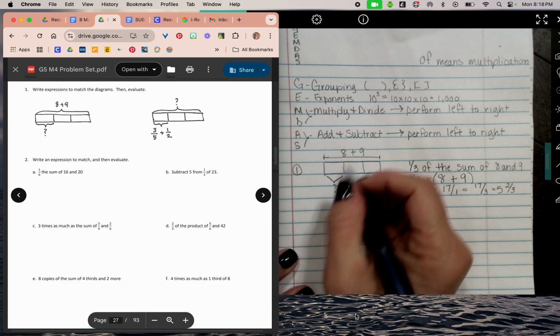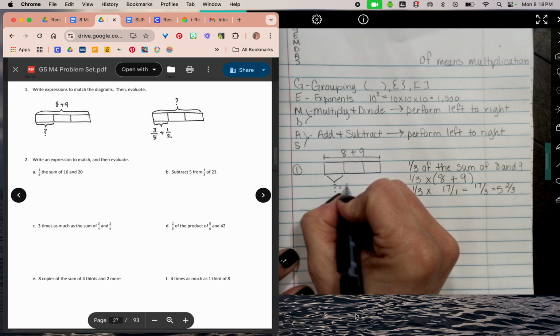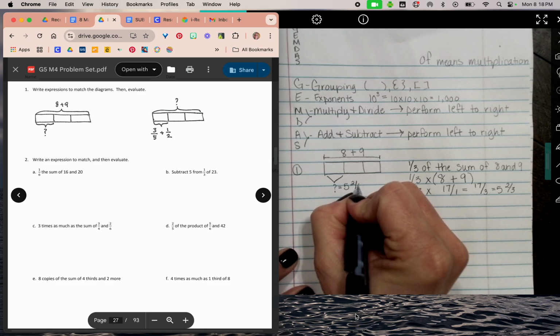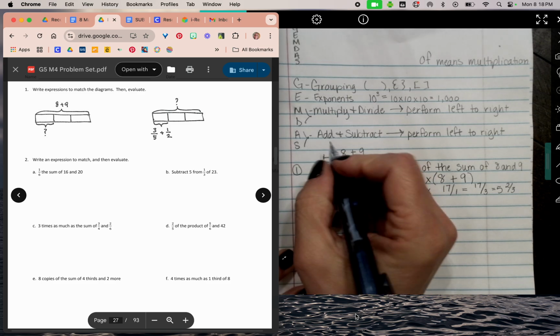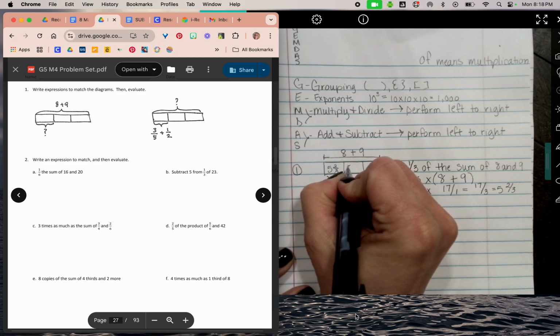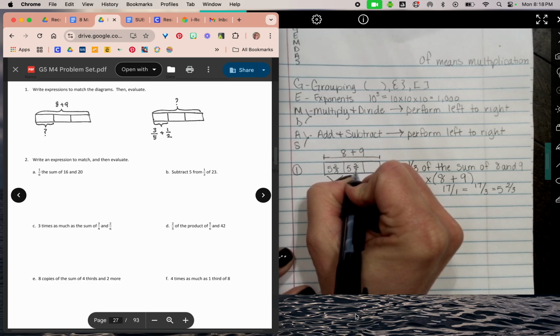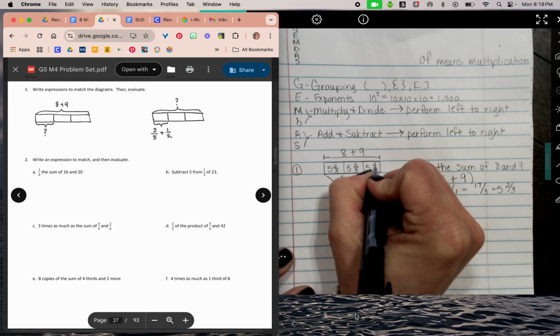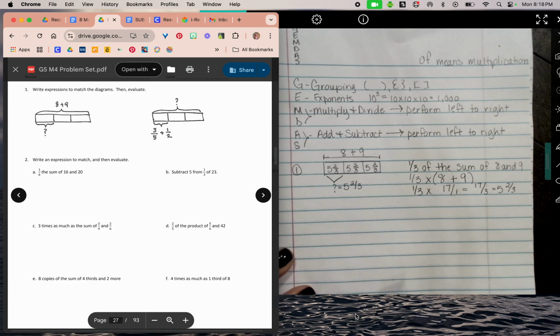I can double check my work. If I'm saying my question mark is equal to 5 2/3, does that make sense? Well, I can plug it in right up here, and I can take a look really quickly. I have 3 groups of 5, which is 15.